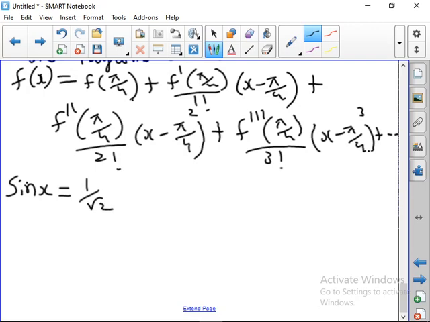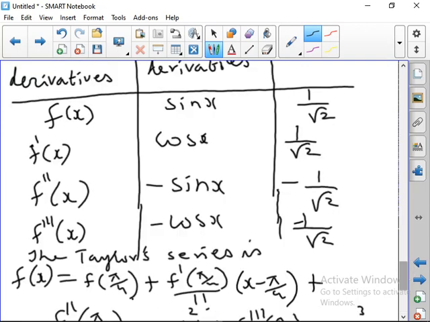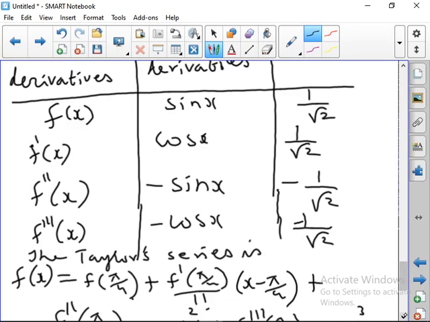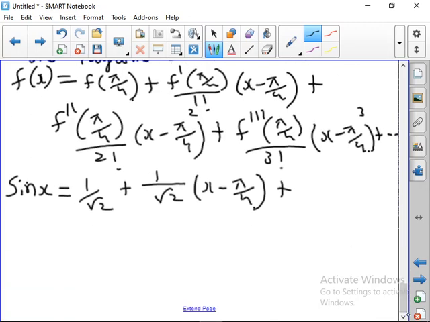Then f dash of pi by 4 is also 1 by root 2, so 1 by root 2 by 1 factorial into x minus pi by 4, plus f double dash of pi by 4, which is minus 1 by root 2, so minus 1 by root 2 by 2 factorial into x minus pi by 4 the whole square.